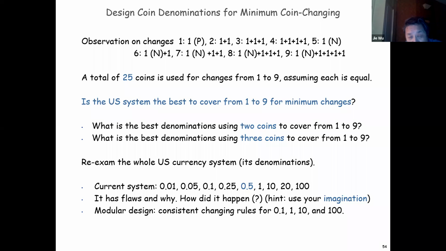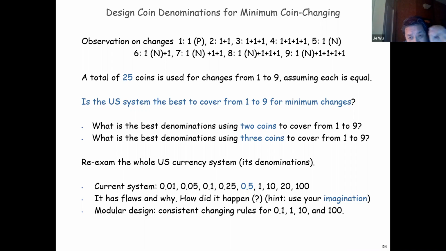And imagine that the change is uniformly distributed, meaning from 1 cent, 2 cents, 3 cents, 4 cents, all this change is uniformly distributed. Can you design another currency system such that the average number of coins that you use for change is minimal? But the question is not complete.